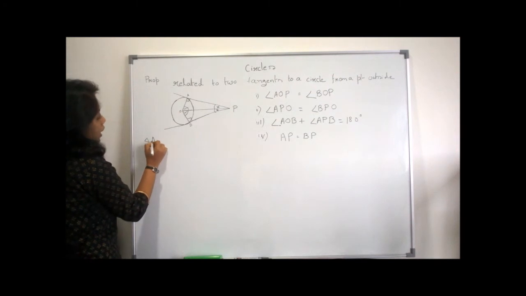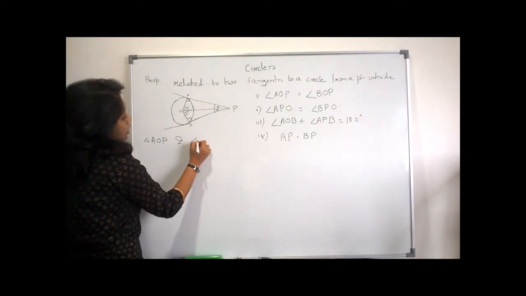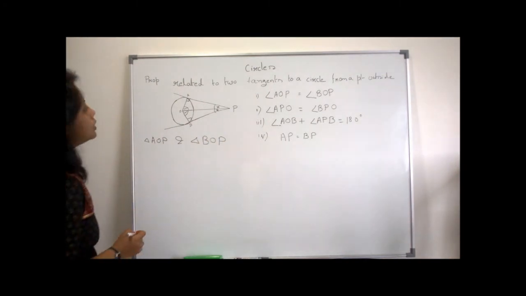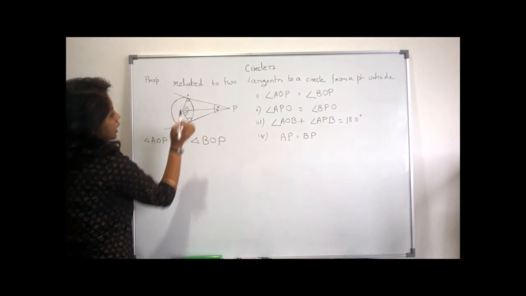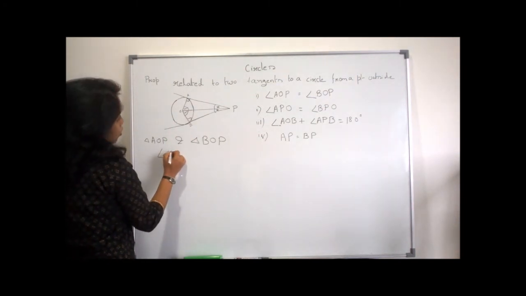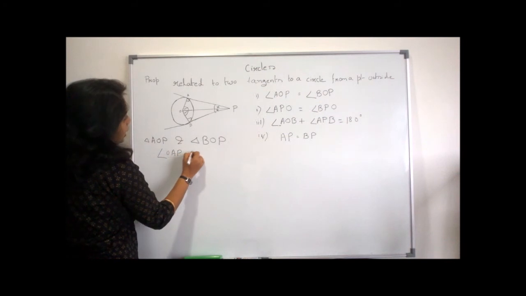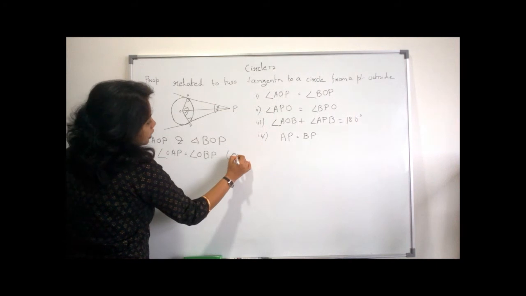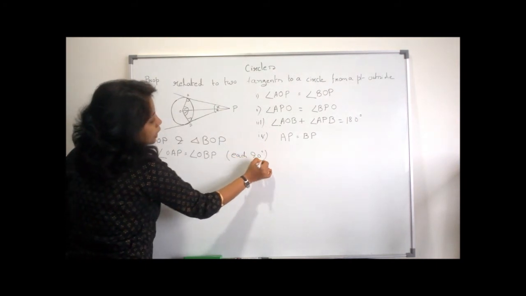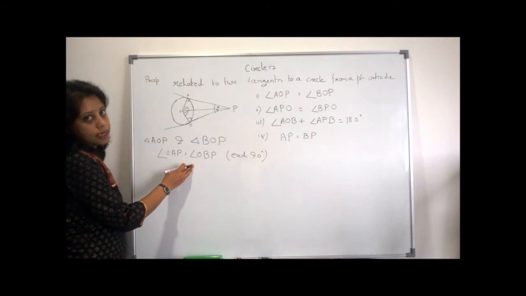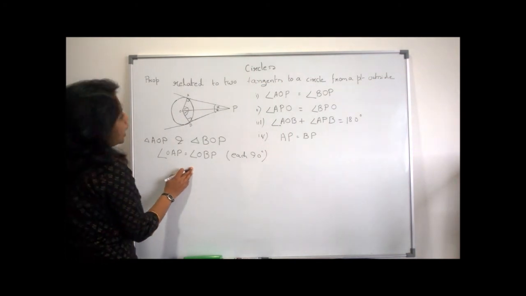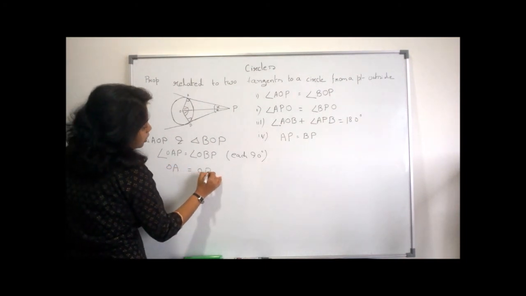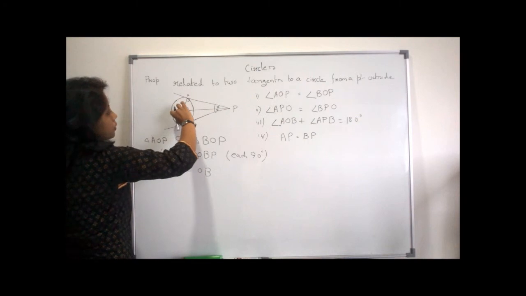So we consider two triangles here, one is AOP and another is BOP. For these two triangles, this angle is equal. And OA and OB are equal.